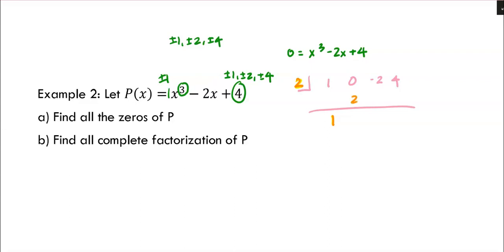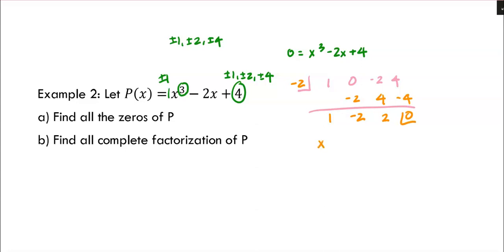Bring down the 1, 2, 2, 4, 2. It's 4. Let's go ahead and try a negative number. Let's try -1. 1, -1, -1, 1, -1. Nope. Let's try -2. We're getting closer. -2, 1, -2, -2 times -2 is 4. And that's going to give you a 2, -4, and 0.